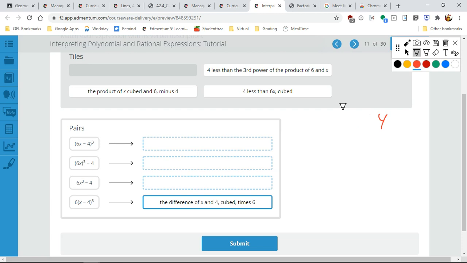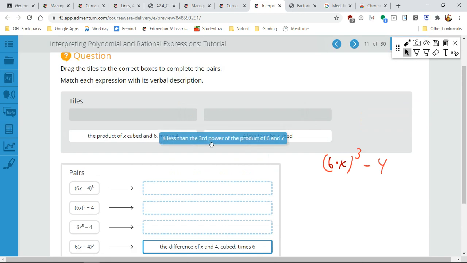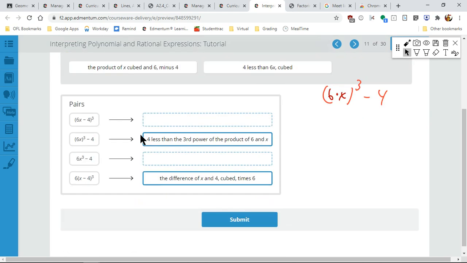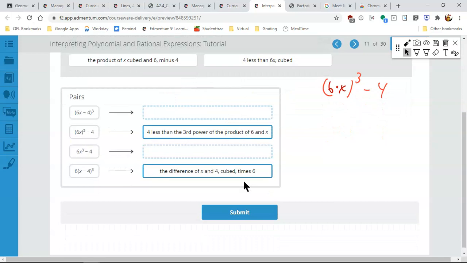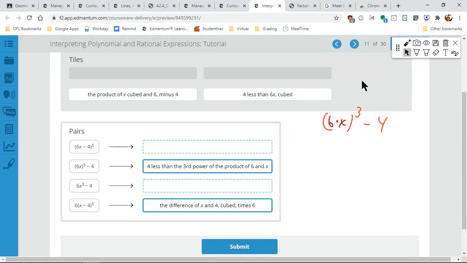So let me kind of go backwards. 4 less than, which means we're subtracting, less than, something to the third power, of the product of 6 and x. So we're multiplying something, and what's that something? 6 times x. So if we look here, this would be this. So if you guys are a little confused at the wording, they're doing this on purpose. They're trying to show you the subtleties of doing it. So you guys can always review this back when I post this video on YouTube.